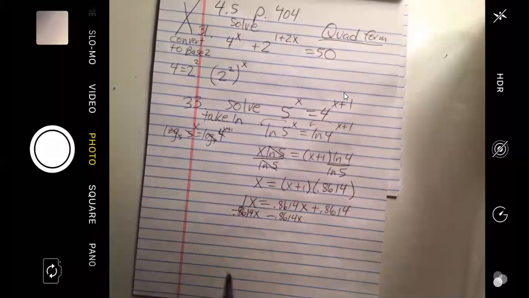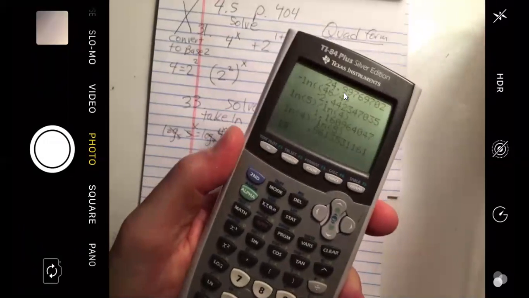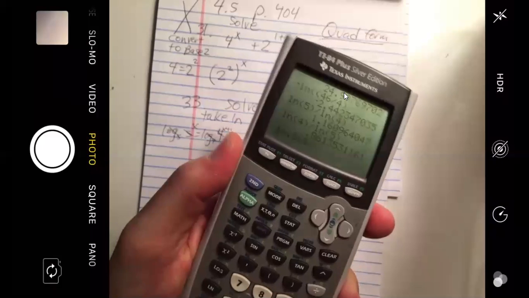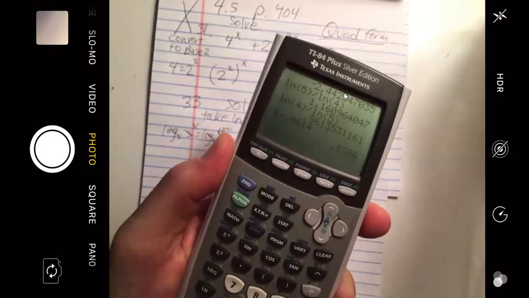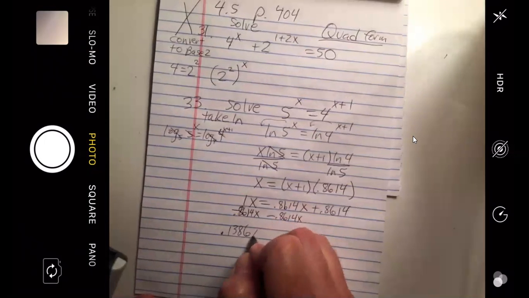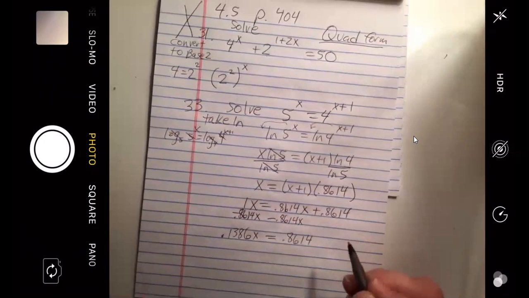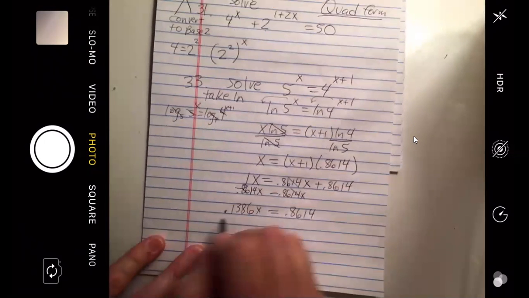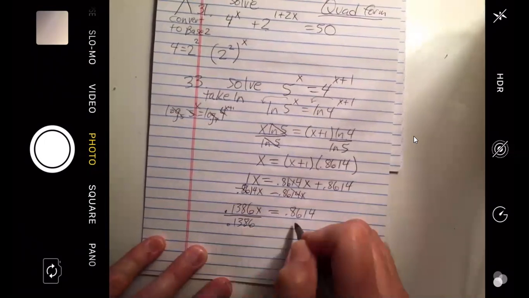And you don't punch the x's if you don't want to do this by hand. You just punch in 1 minus 0.8614. 0.1386x equals 0.8614. This cancels. Last move is to divide by 0.1386.